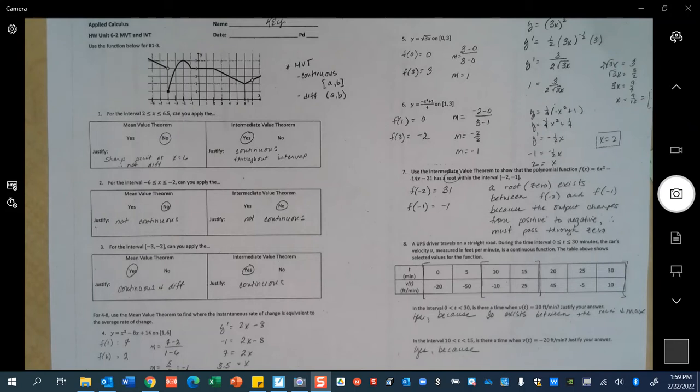So the only time that it's continuous and not differentiable is if you have that sharp point, like this guy here. Okay, so you can use the mean value theorem as long as it's continuous on the closed interval and differentiable on the open interval. So pay attention to the brackets there. Any questions on this first page?